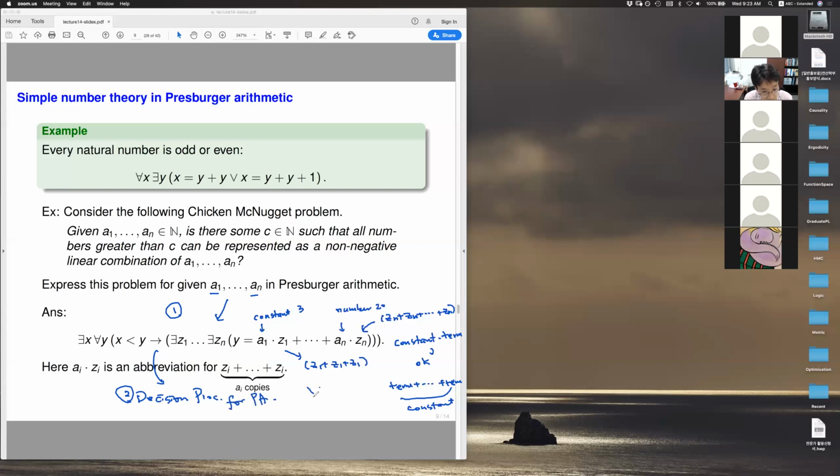If it says yes, then the Chicken McNugget problem has a solution. If it says no, then the Chicken McNugget problem has no solution for the given instance of a1 up to an. So because of the nice properties of Presburger arithmetic, it can be used to come up with an algorithm. Of course, there may be an algorithm that is much more efficient, but at least this gives a baseline.